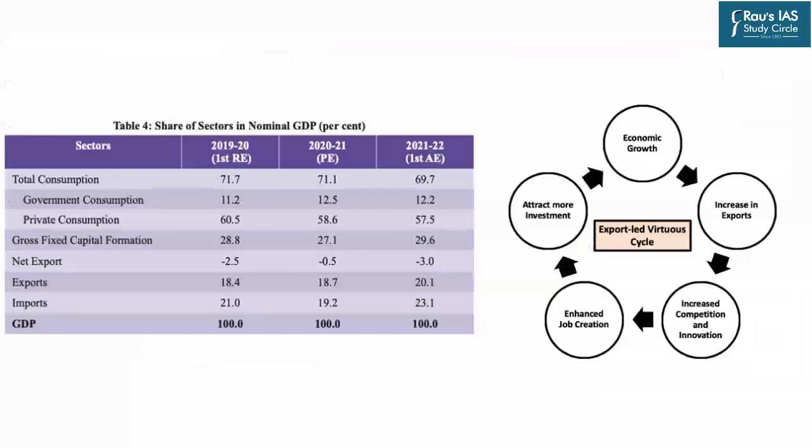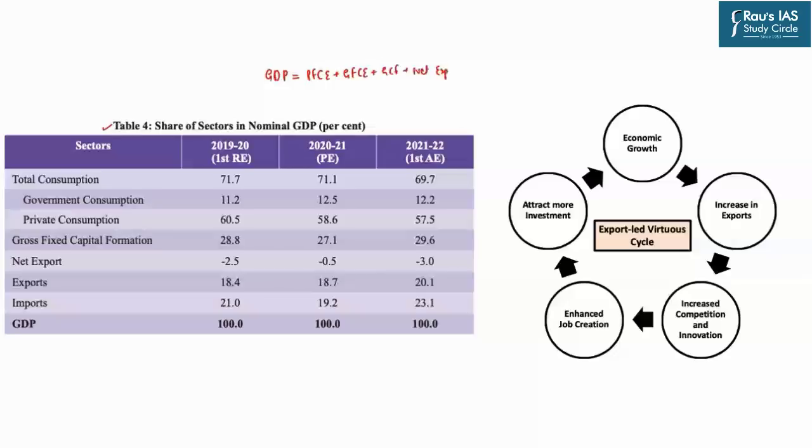Let us now start with the analysis of this article. I hope all of you know that whenever we measure GDP by the expenditure method, we take into account 4 important drivers. These include the private final consumption expenditure, the government final consumption expenditure, the gross capital formation, and the net value of our exports.